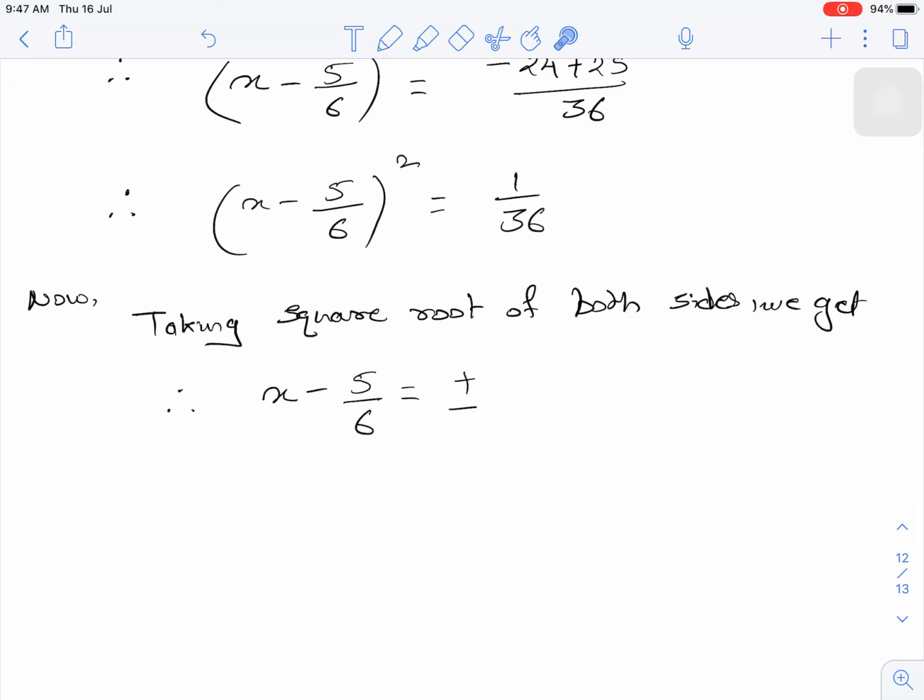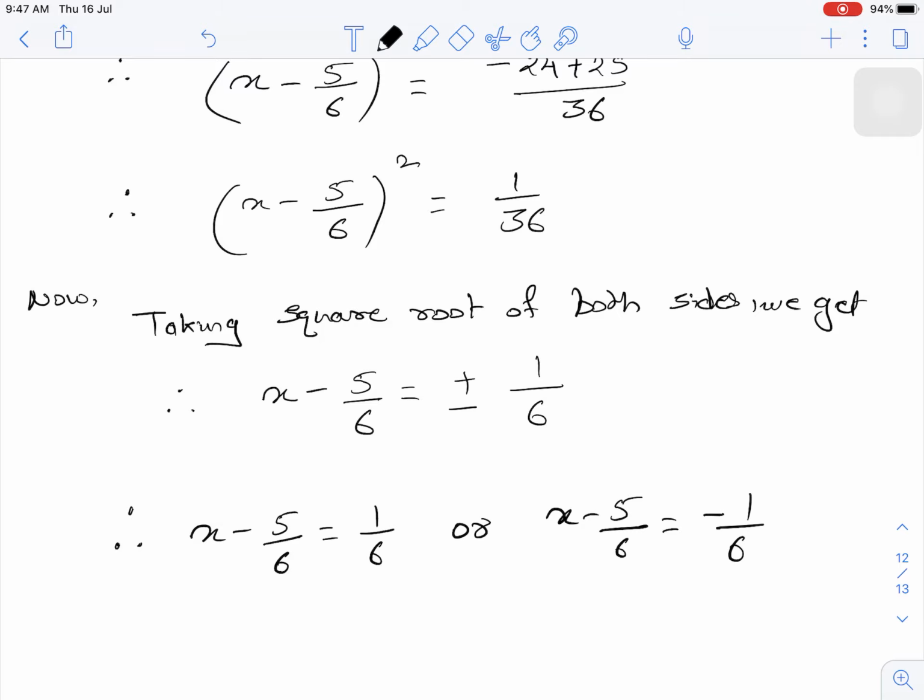Square root of 1 is always 1, upon square root of 36 is 6. Therefore you will have two equations here: x minus 5 upon 6 is equal to 1 upon 6, or x minus 5 upon 6 is equal to minus 1 upon 6. Both the possibilities are there.